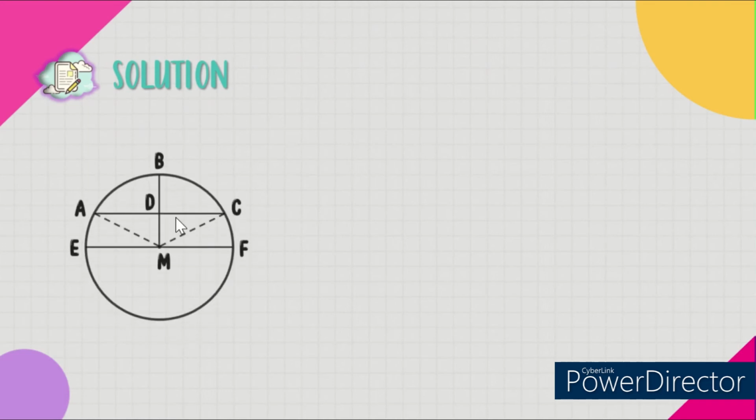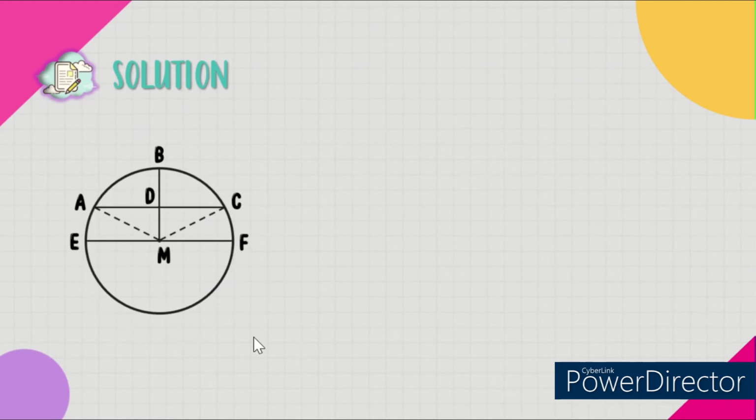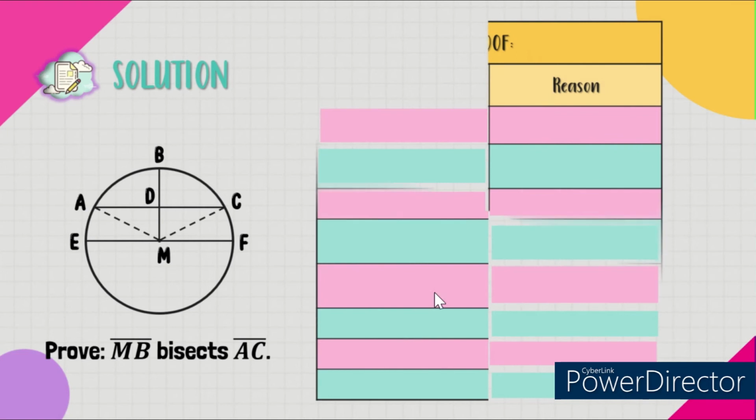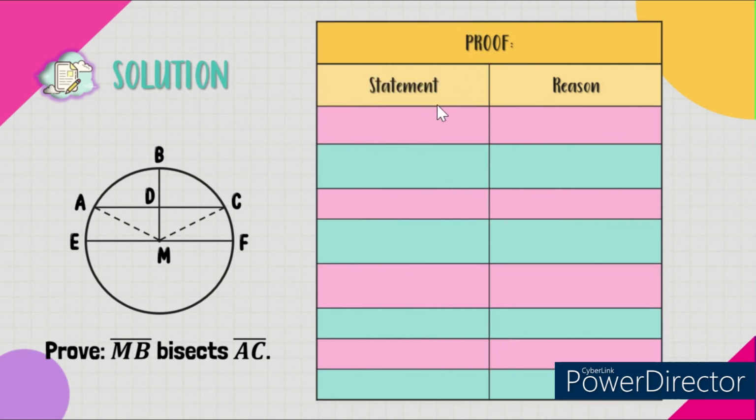So, this one is the figure from the previous slide. And here is the statement that we need to prove. And this is the proof, and we have here the statement and reason. For the first one, it says, draw radii MA and MC.